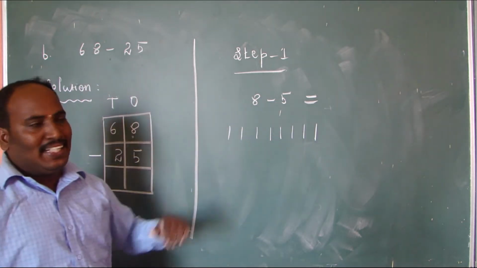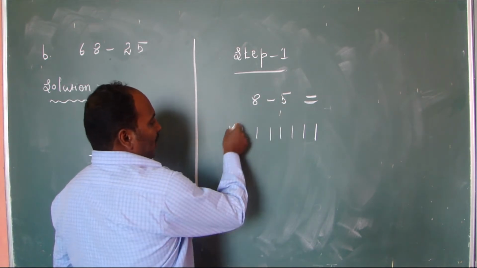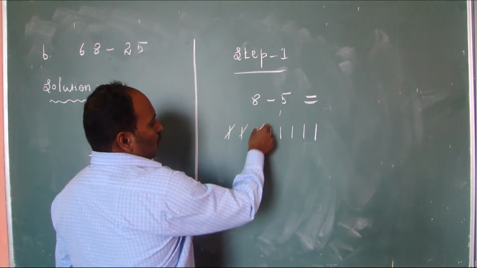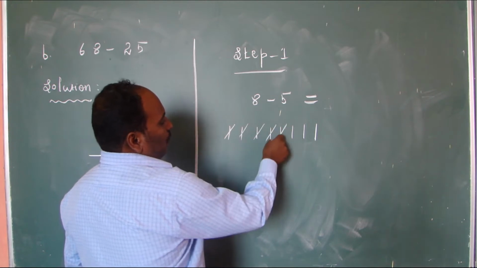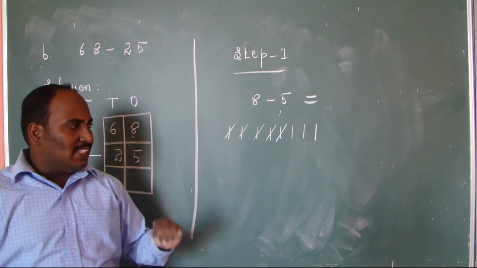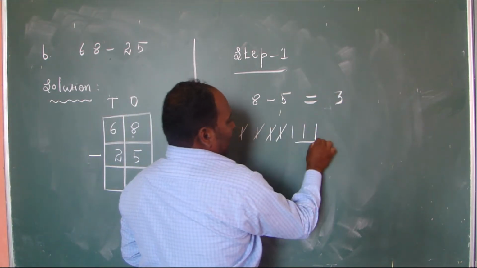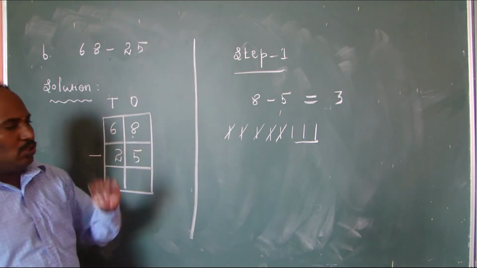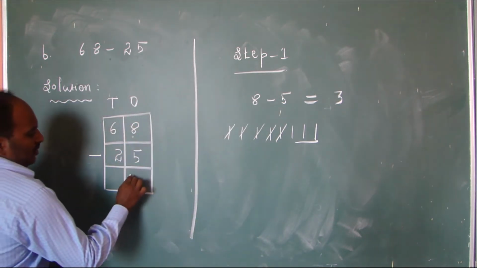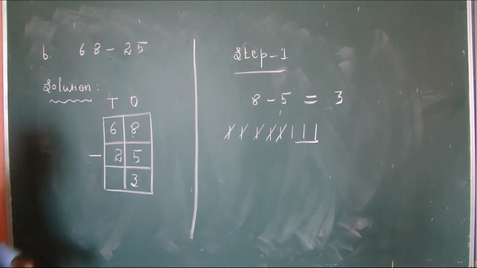We cancel 5 lines, 1, 2, 3, 4, 5. Remaining 3 lines. So 8 minus 5 is equal to 3. The number 3 write in ones place.